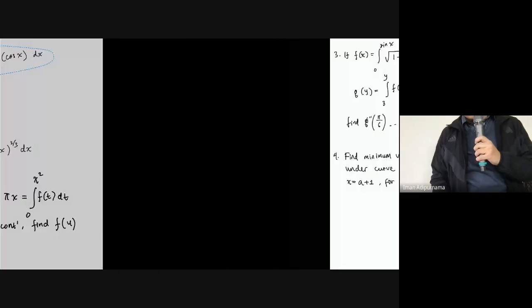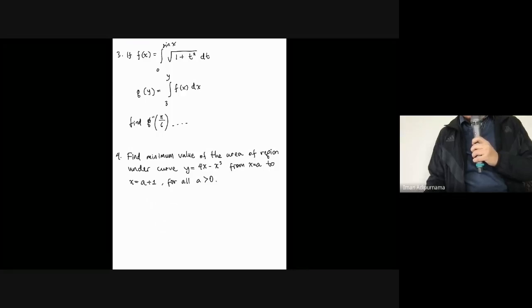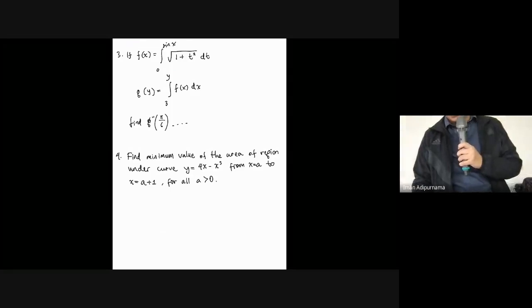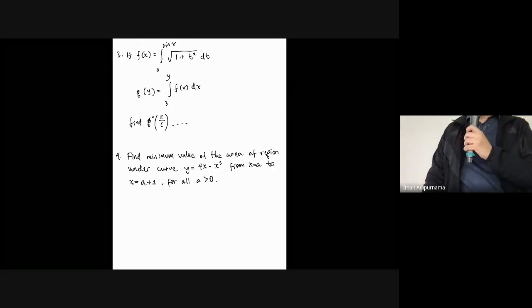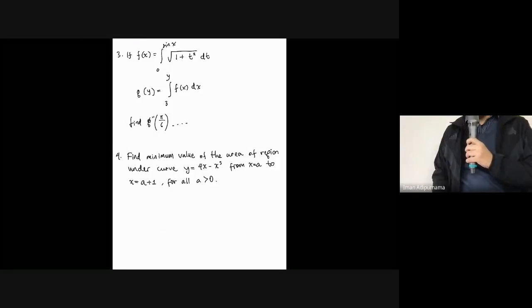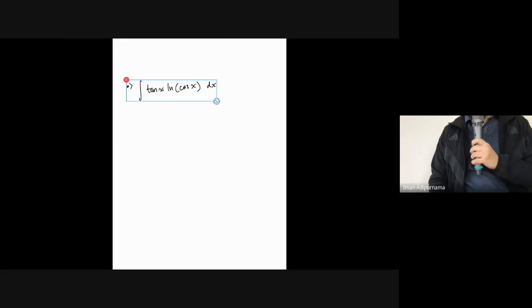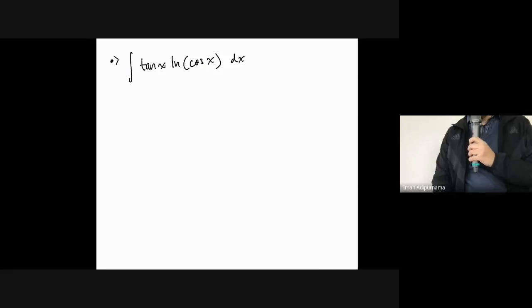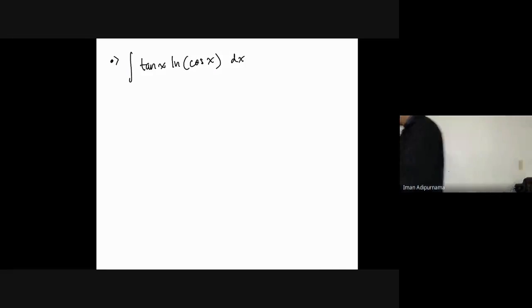Then there are numbers 3 and 4, which are also from the fundamental theorem of calculus. Let me start with the first part, which is evaluating the integrals directly. So first you have tangent x and then ln cosine x.